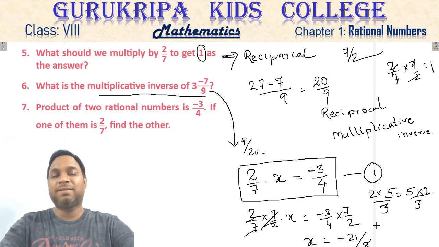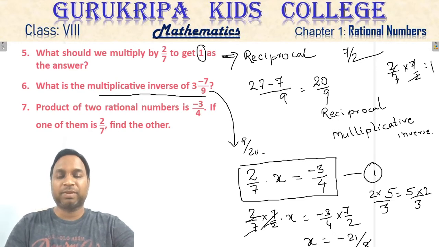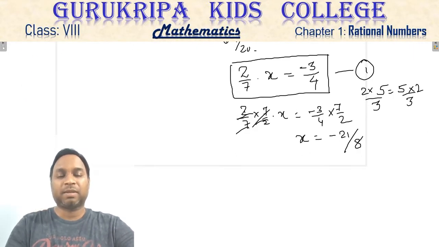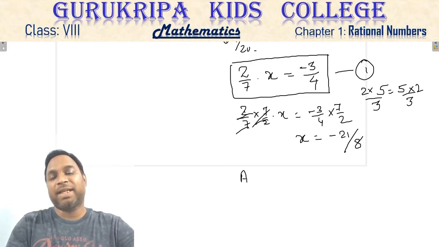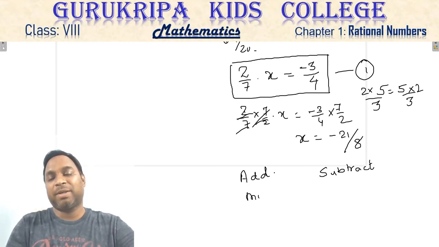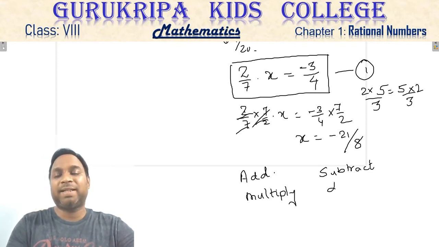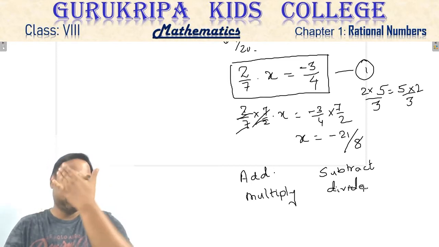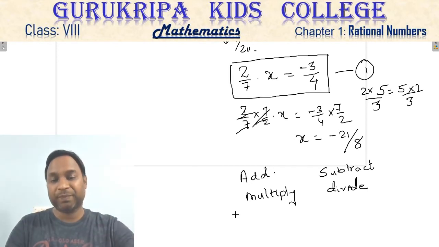How to solve a linear equation? In a linear equation, you can add the same number to both the sides, subtract the same number to both the sides, multiply the same number to both the sides, and also divide the same number on both the sides. Why so?